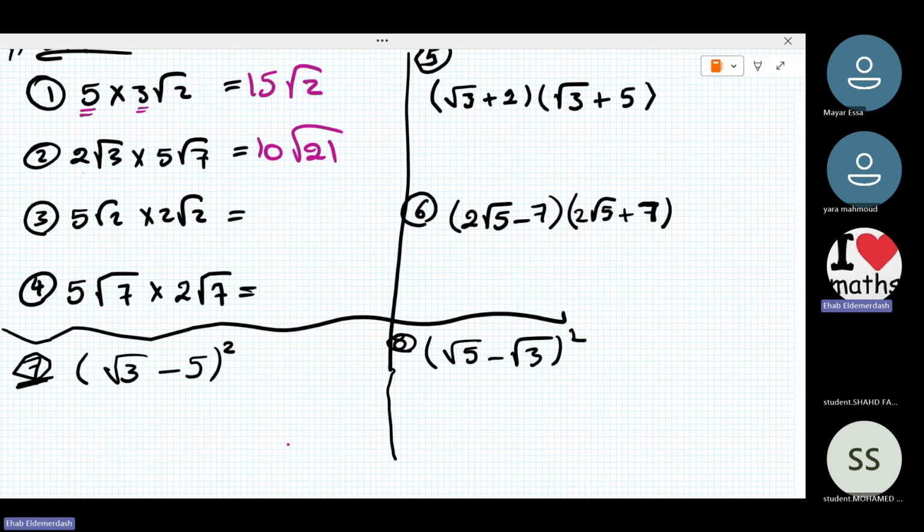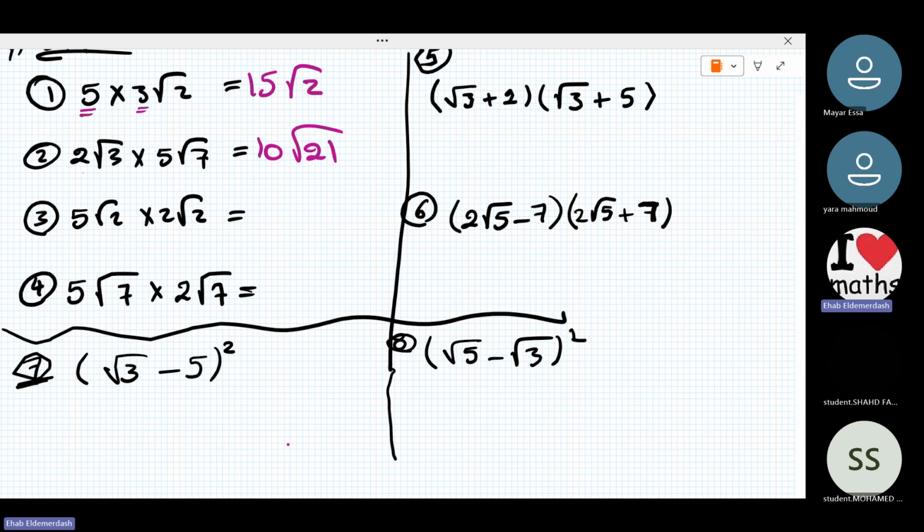Again, 5 into 3 is equal to 15 and root 2 I will keep alone. 2 and 5 give me 10. Root 3 with root 7 gives me the root of 21. I'm dealing with the same type, the same shapes of numbers.